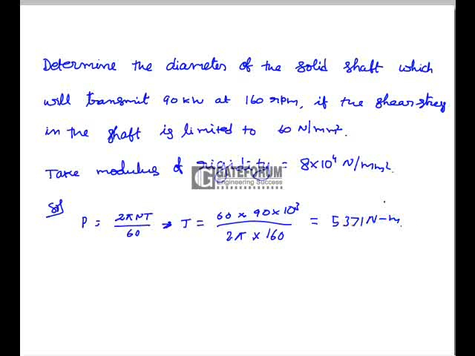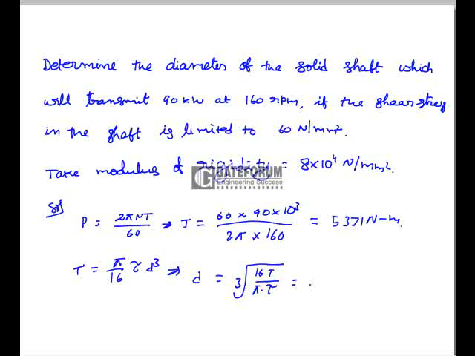Which gives a value of 5371 Newton meter. And we know that the relation between the torque and shear stress induced in the shaft is equal to pi by 16 tau d cube, where tau is the limited shear stress in the shaft, and we have to find out the diameter of the shaft, that is d. So d is equal to cube root of 16T by pi into tau.